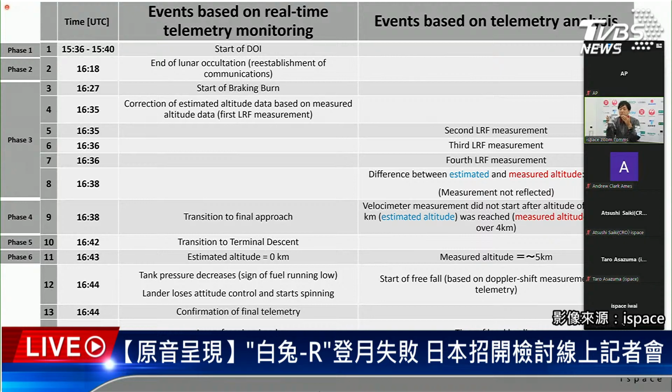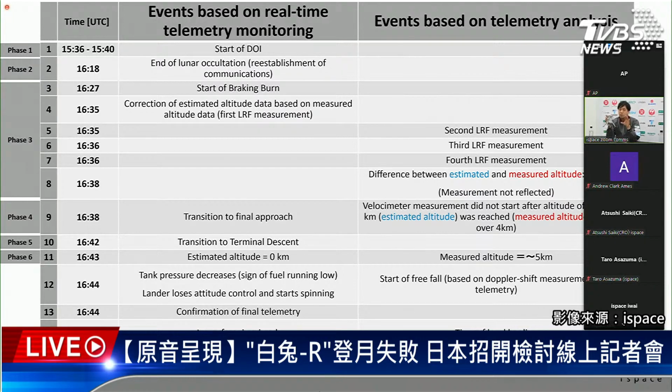This estimated altitude is the lander's estimated altitude. In addition, the lander has a laser rangefinder, a sensor to measure the altitude. With this laser rangefinder, the lander always corrects this estimated altitude and improves the estimation. This correction successfully happened at number 4.